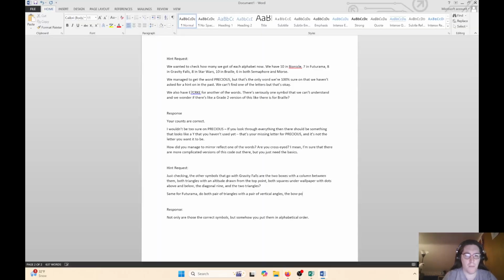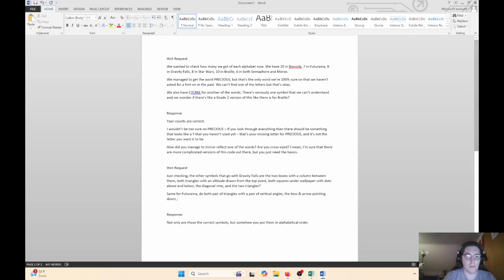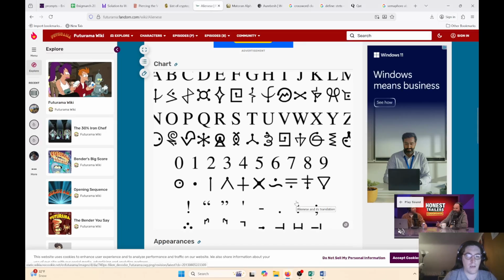The bow pointing downward, the bow and arrow pointing downward. Oh, I should do this. And do E.